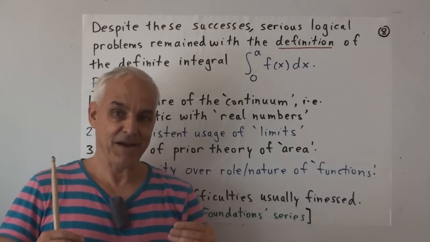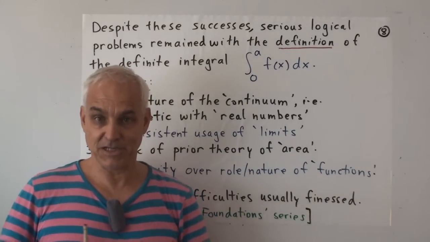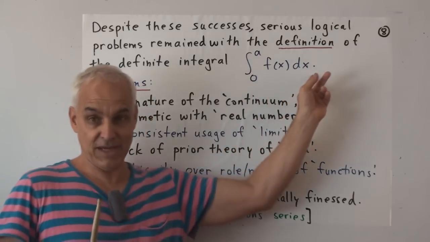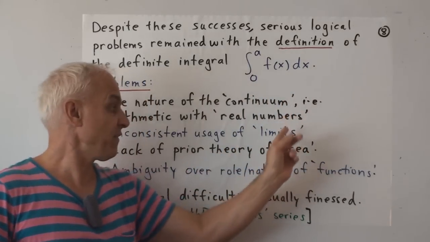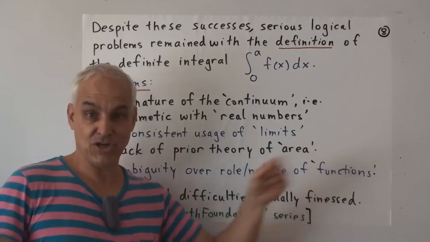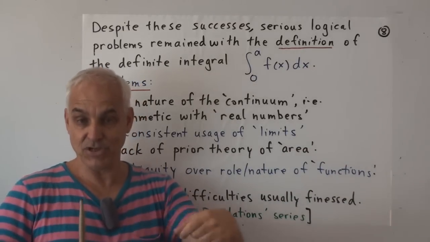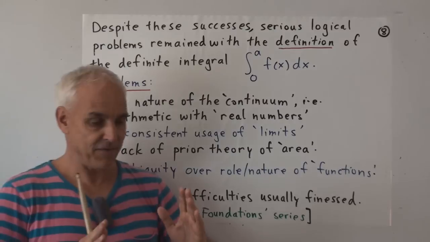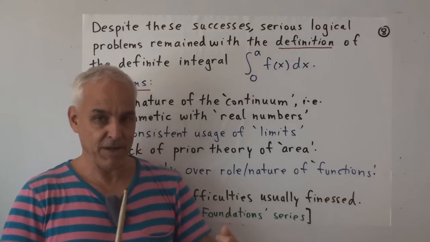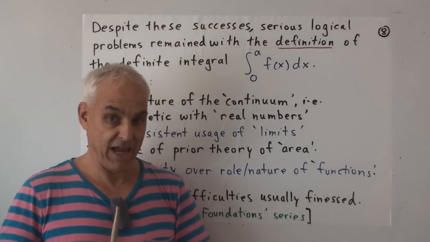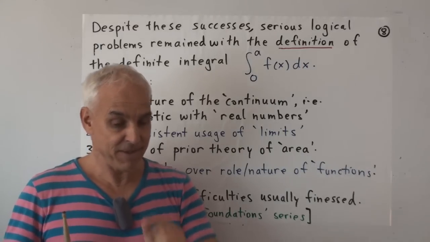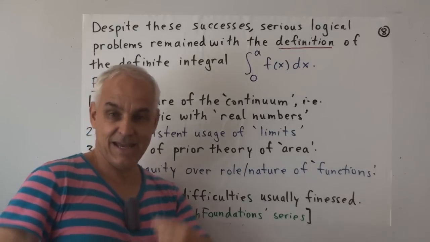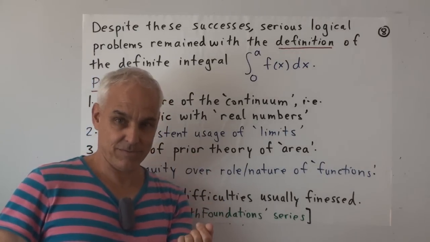But there is then an additional very serious problem in that the limits involved in the definition of the integral are of a much different kind than the limits of a function as x approaches a certain value. So you may have already established and feel confident about what limit of f of x as x approaches a means. But that doesn't prepare you for the kinds of limits which are introduced in the definition of the integral.